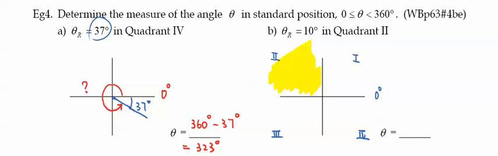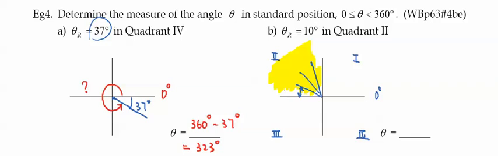You want to have a reference angle of 10 degree. Would you expect to see your terminal arm here, halfway, or closer to the x-axis? Closer to the x-axis. You want your reference angle to be 10 degree. 10 degree is relatively small.